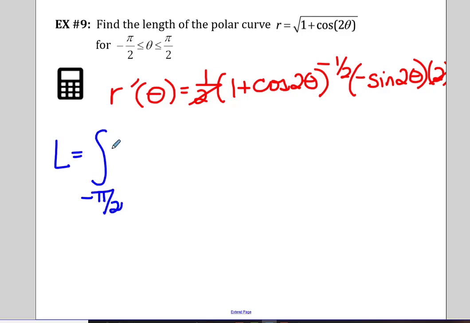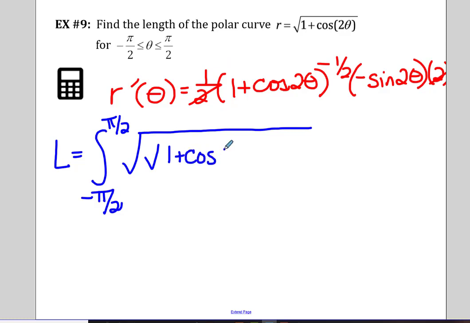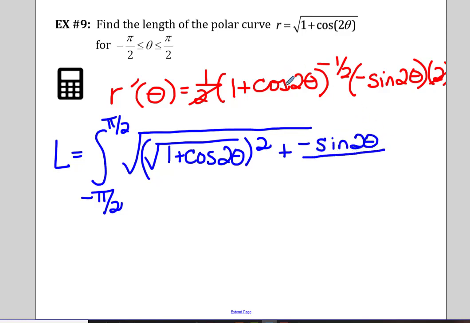from negative pi over 2 to pi over 2, the square root, and this is a square root, so we've got 1 plus cosine 2 theta, that amount squared, plus negative sine of 2 theta over this square root of 1 plus cosine 2 theta squared d theta.